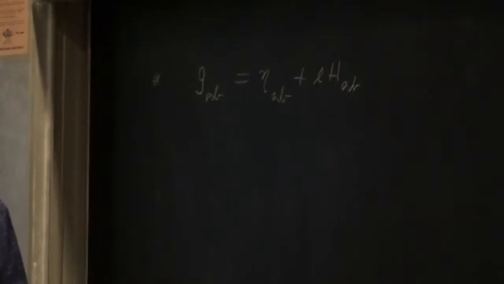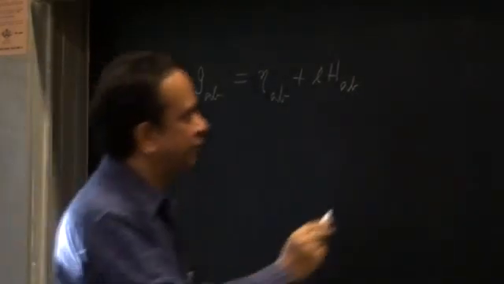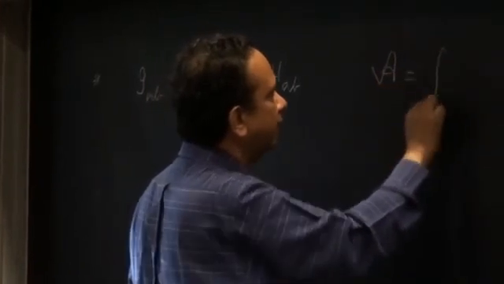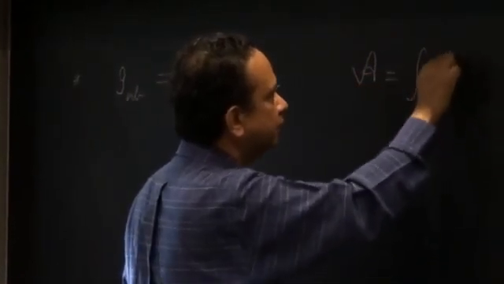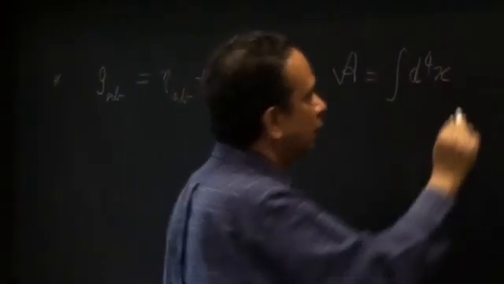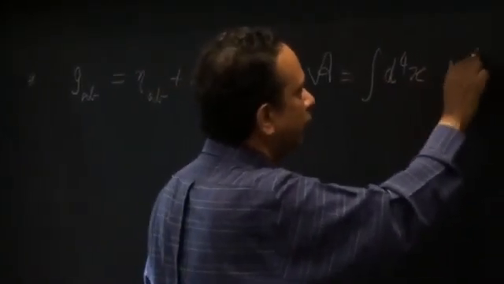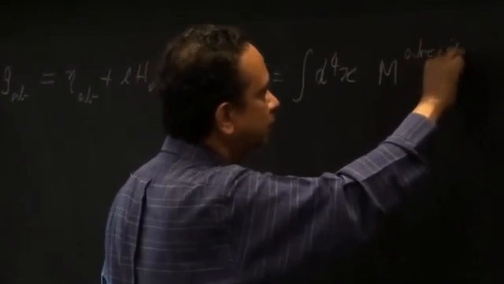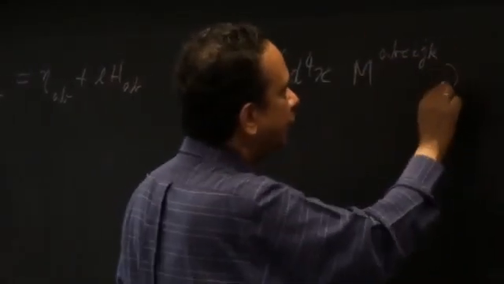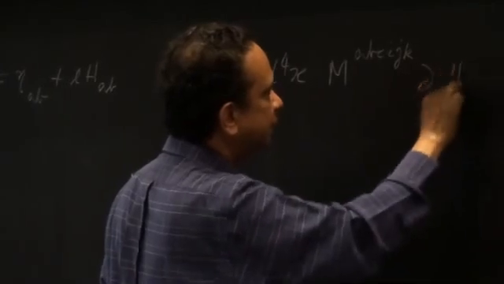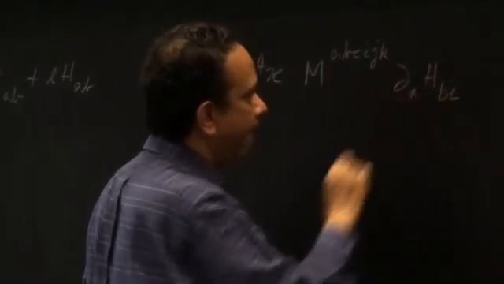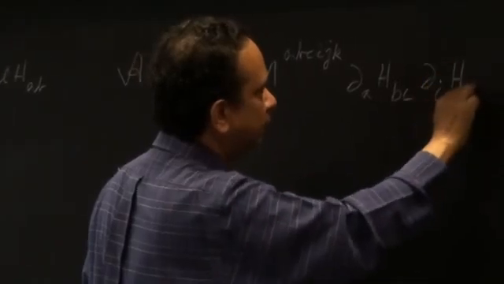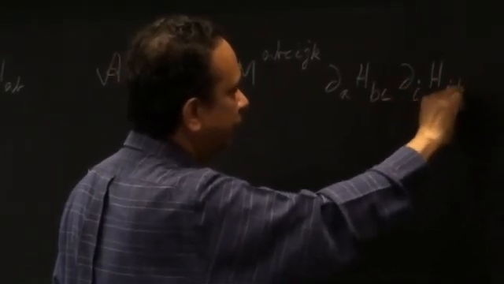With this in mind, let us take that action which we have written down, which is of the form integral d^4x M^{abc ijk} ∂_a h_bc ∂_i h_jk.